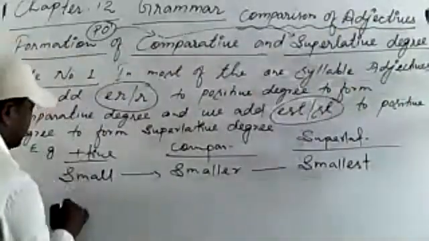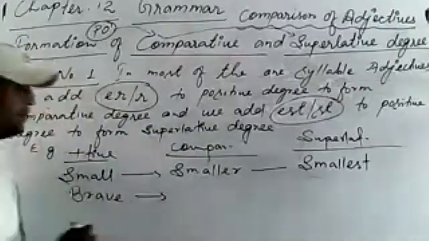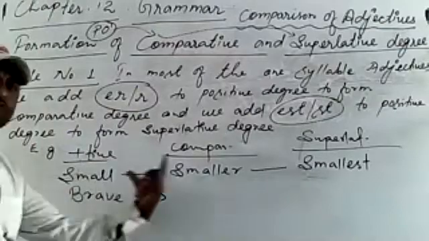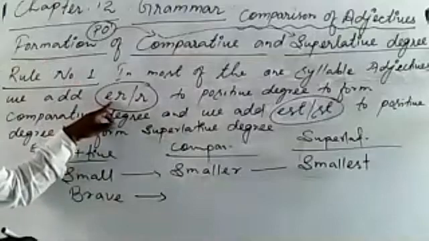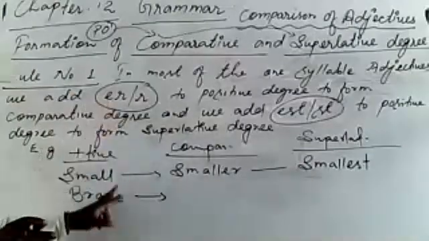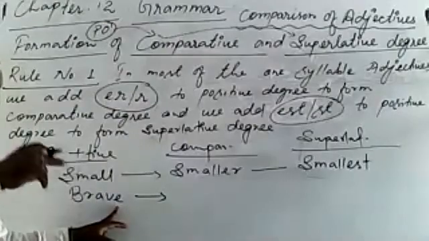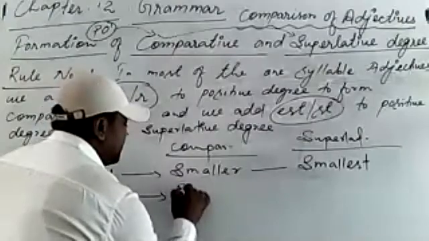Now look at the another example. It's brave. Now what happened? Now this is positive degree, I have to change to comparative degree. Now what I'm going to add? er. No, I'm not going to add here er because e is already available in this word. E पहले से इस word में available है. So what I'm going to use here? R. Okay, now look here.